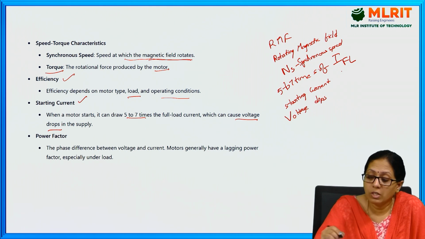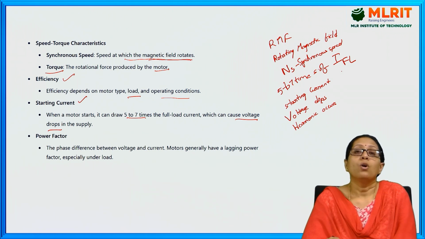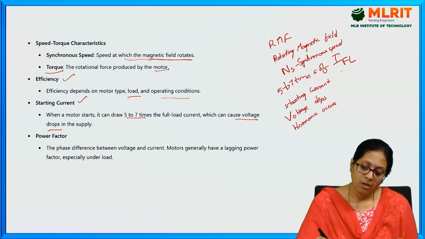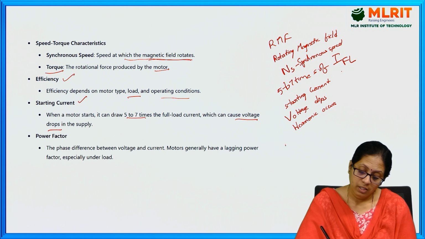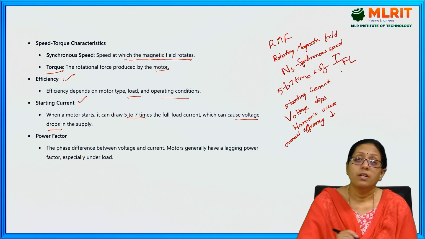Because of these voltage dips, harmonics occur, and because of these harmonics, the overall efficiency of the system reduces.